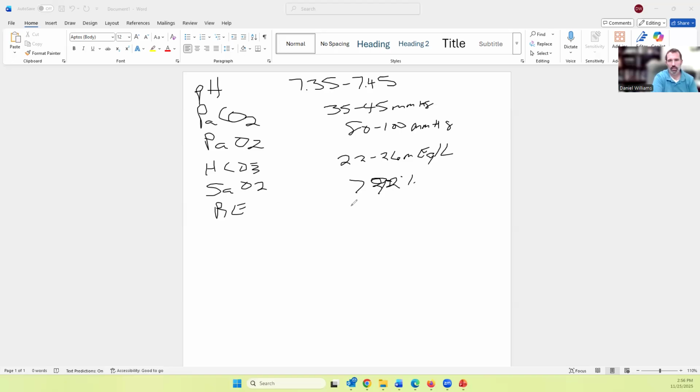And a base excess is typically going to be within plus or minus 2. If it's plus, it's an excess. If it's a negative number, it's a deficit. So when we go up here, if we're moving this direction, we're moving towards an alkalosis. If we're moving to the left, less than 7.35, we're moving towards an acidosis.